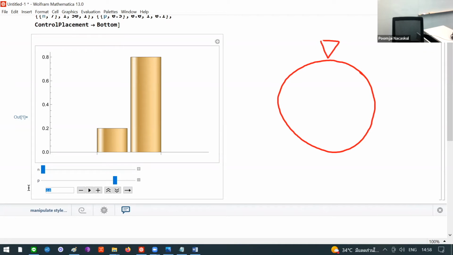Now, instead of tossing a coin, I spin this thing around and I see where it lands.